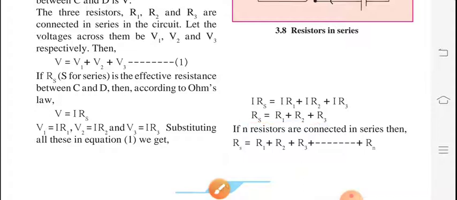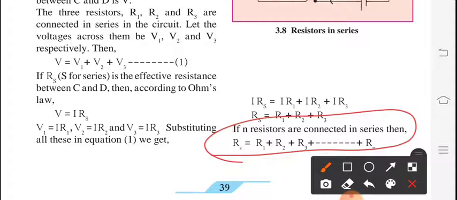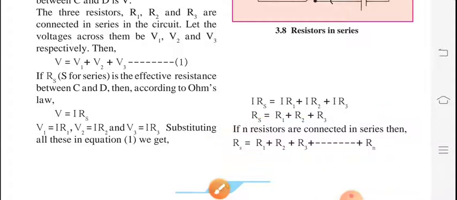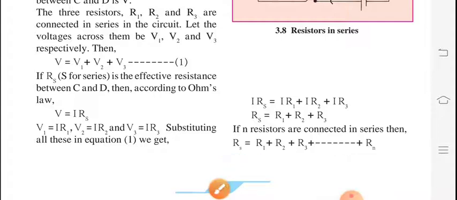If n resistors are connected in series, then RS is equal to R1 plus R2 plus R3 plus up to Rn. We can add any number of terms, R4, R5 up to R100, R1000 and so on. So in general, RS means resistors are in series combination.